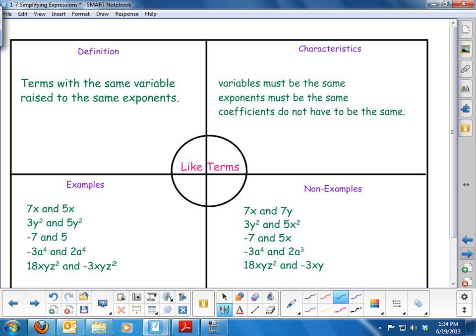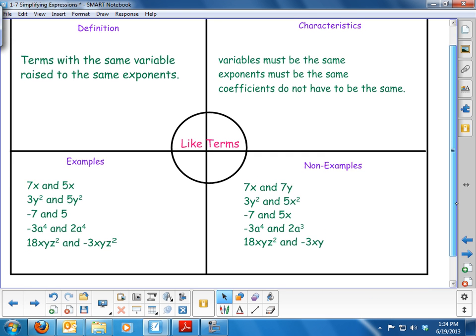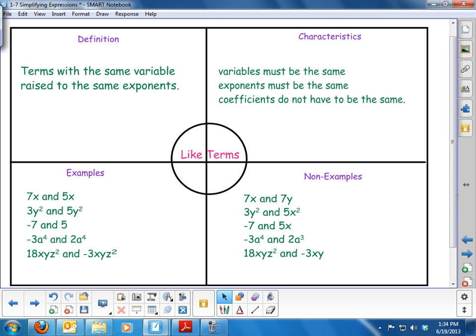Okay, so what I want you to do here is write all of these things down: the definition of like terms, the characteristics, and the examples. Each and every one of these things here are different examples. These are all examples, and these are non-examples of what like terms are not.